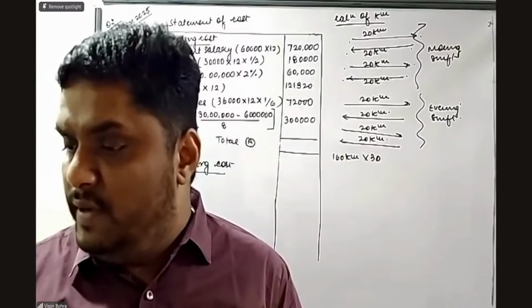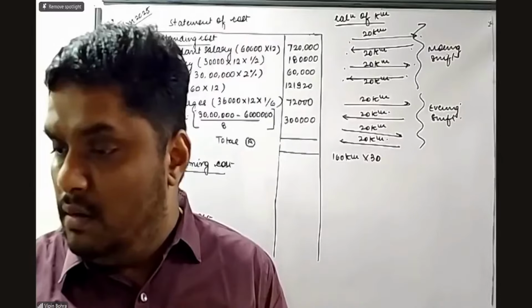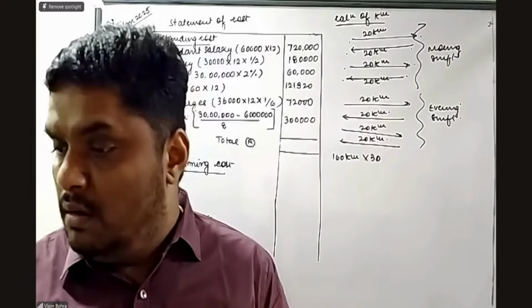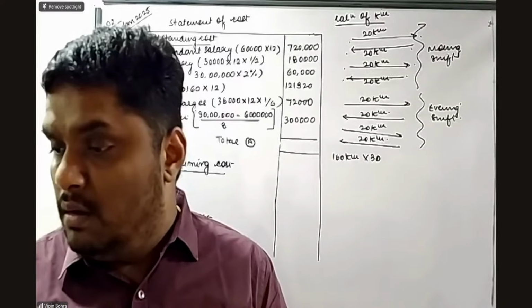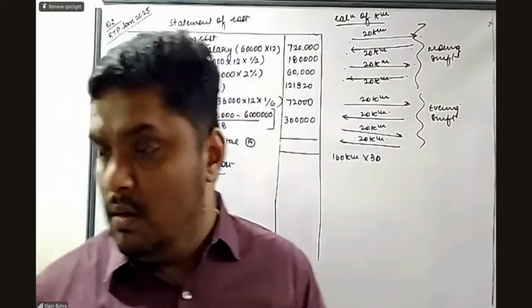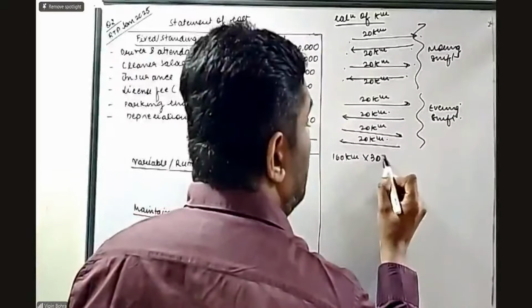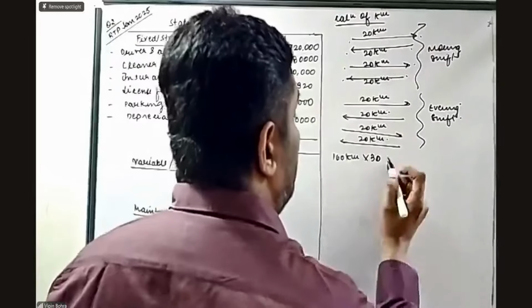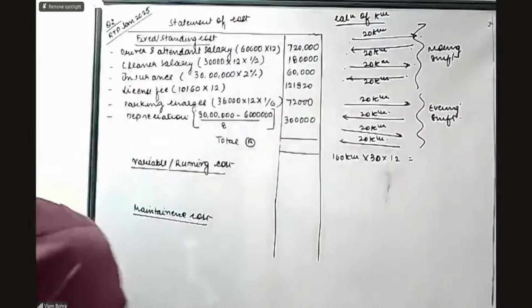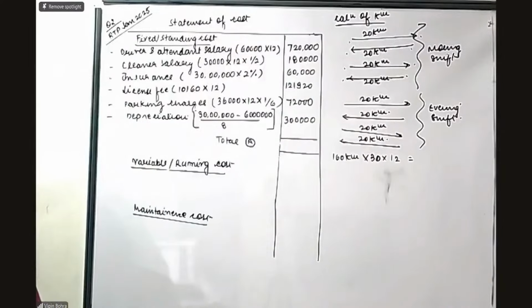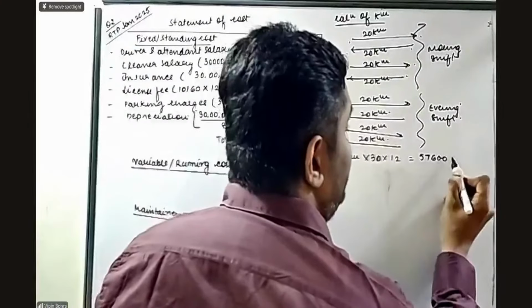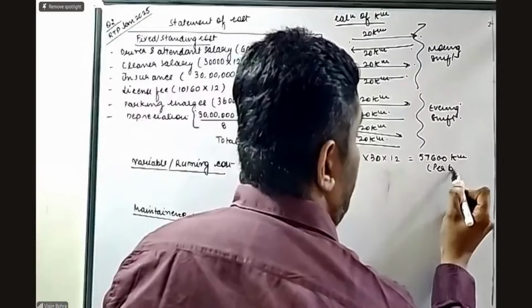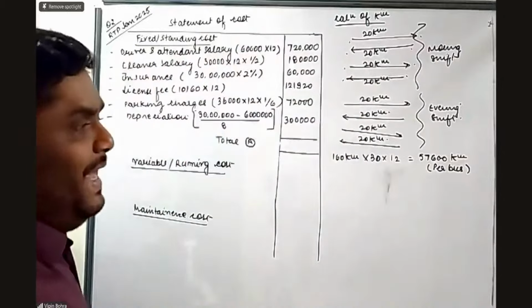Since nothing is mentioned, we will assume that full 12 months. So one bus is traveling for 57,600 kilometers per year. So we can easily calculate the diesel cost.